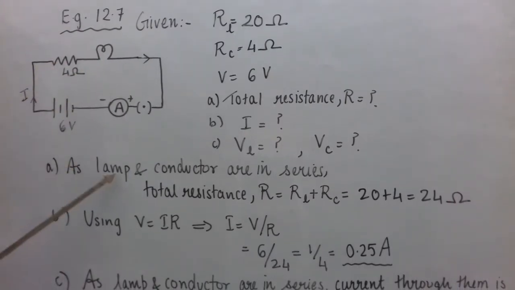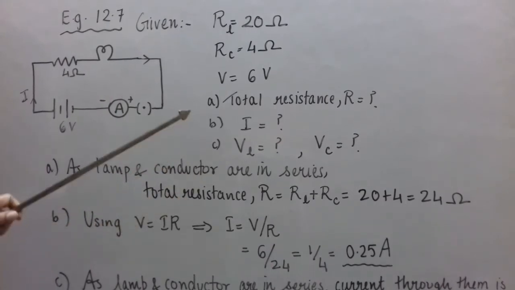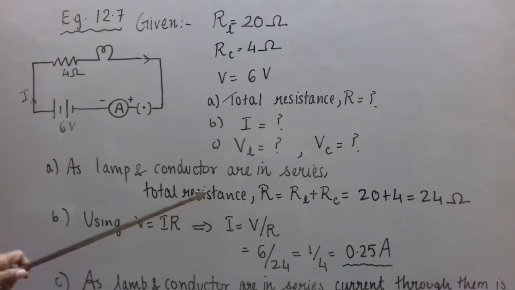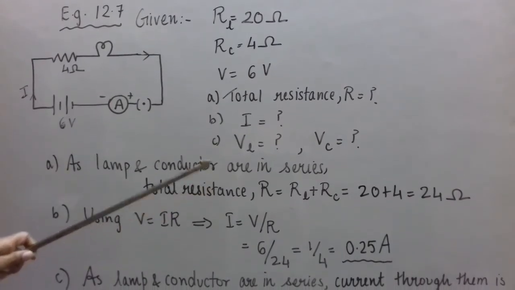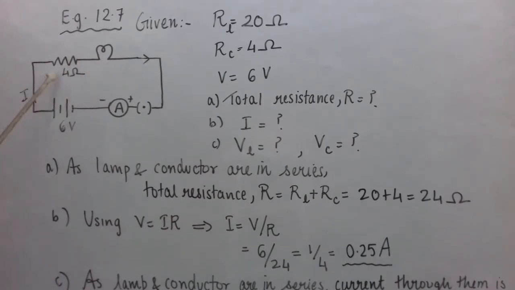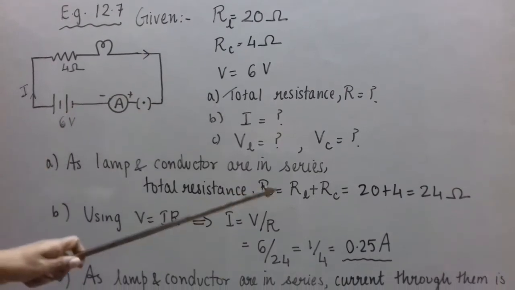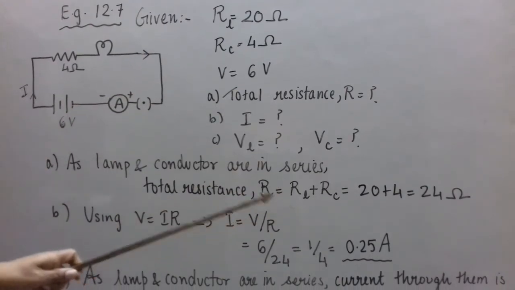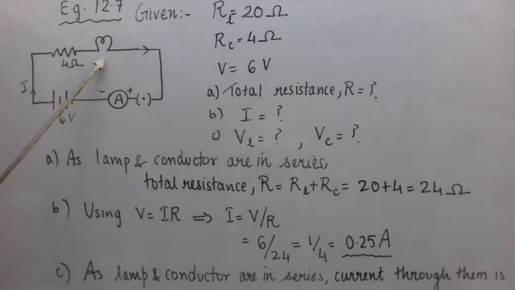So as lamp and conductor are in series, for their total resistance capital R, we will use the formula for series combination. Effective resistance for series combination, R will be equal to RL plus RC. Just put the values of RL and RC, 20 plus 4, 24 ohms. So this is the total resistance of this series combination.